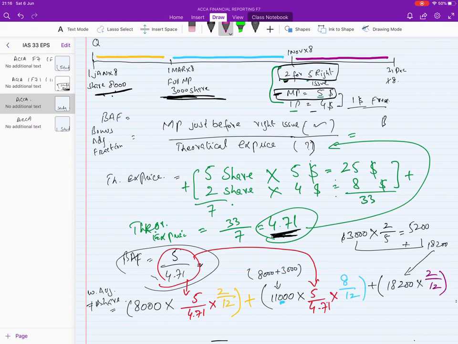If you calculate the figure, I will calculate, let's see, 8,000 divided by 4.71, multiplied by this.